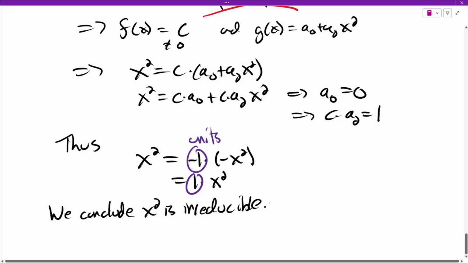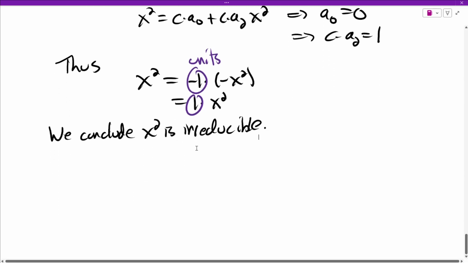All right, now let's show that it's not prime. Let's make an observation.